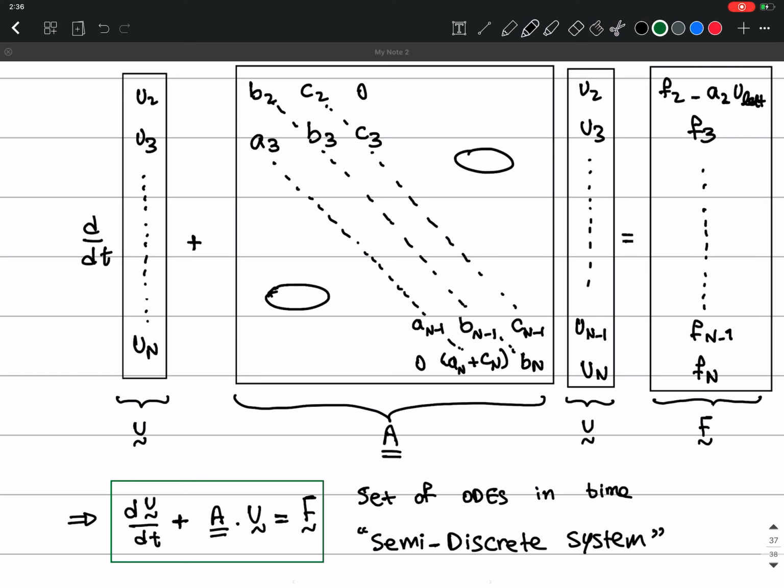What does this mean, semi-discrete? It is discretized only in space, so that is why we call it semi-discrete system. If you notice, it is not yet been discretized in time, which is this term, right? And we need to also do that. So that is why we call this a semi-discrete system, where we have discretized it in space.